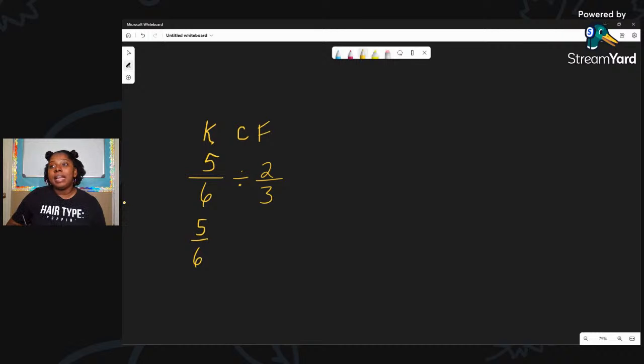And instead of dividing, we just want to multiply it. And because we switched to multiplication, we're going to flip the last number, okay? And then we just multiply straight across. That's really why we wanted to change it to multiplication, because multiplication is the easiest of all the fractions. So we're like, duh, I'm going to do the easiest thing.